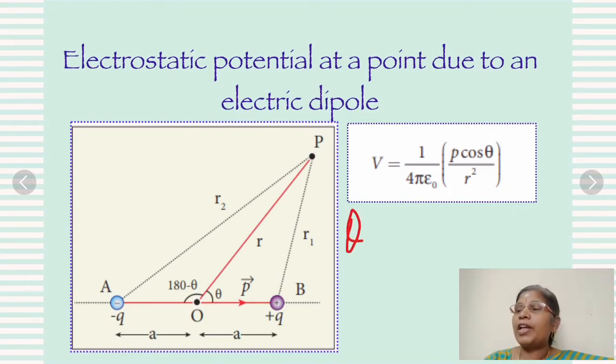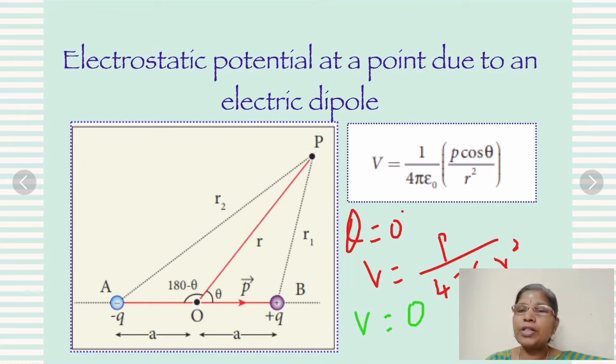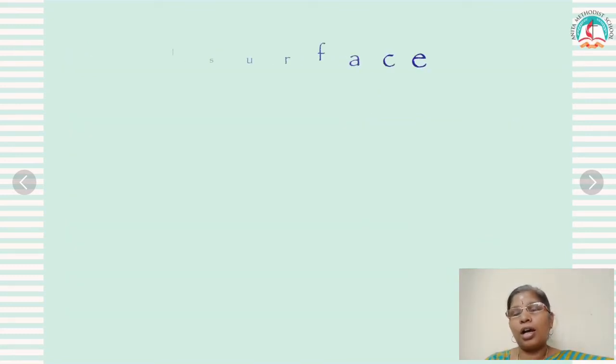Same way, when theta equals 0, the electric potential equals P divided by 4 pi epsilon 0 R square. When theta equals 90 degree, the electric potential equals 0. When theta equals 180, it is minus P divided by 4 pi epsilon 0 r square.